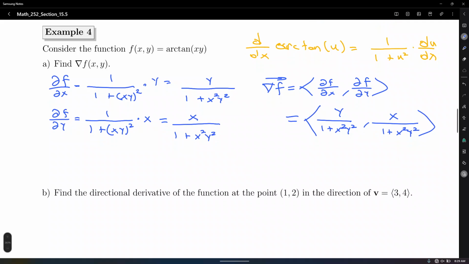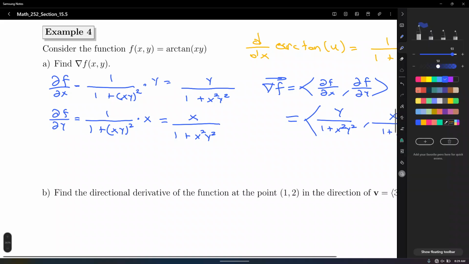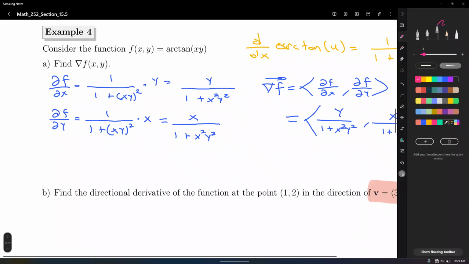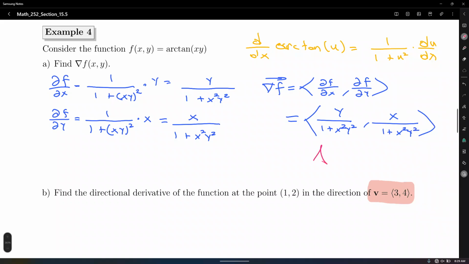Part B, find the directional derivative of the function at the point 1, 2 in the direction of the vector 3, 4. Which, by the way, careful. This vector right here must be a unit vector.